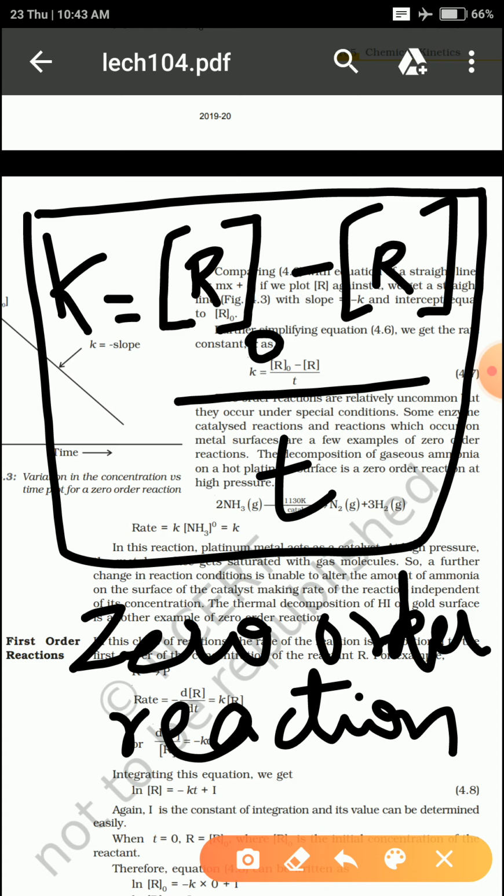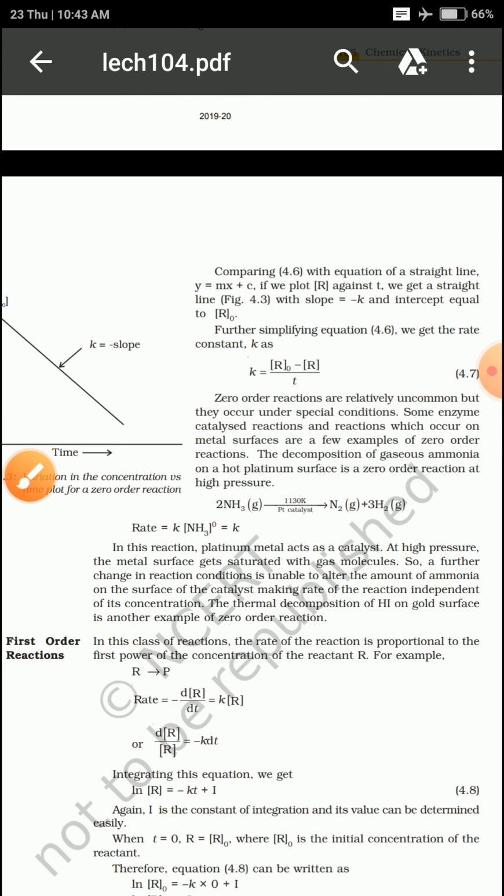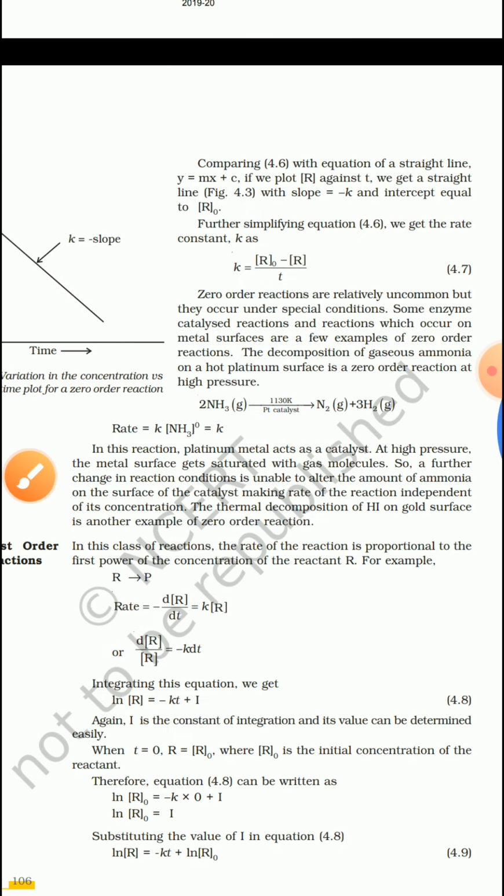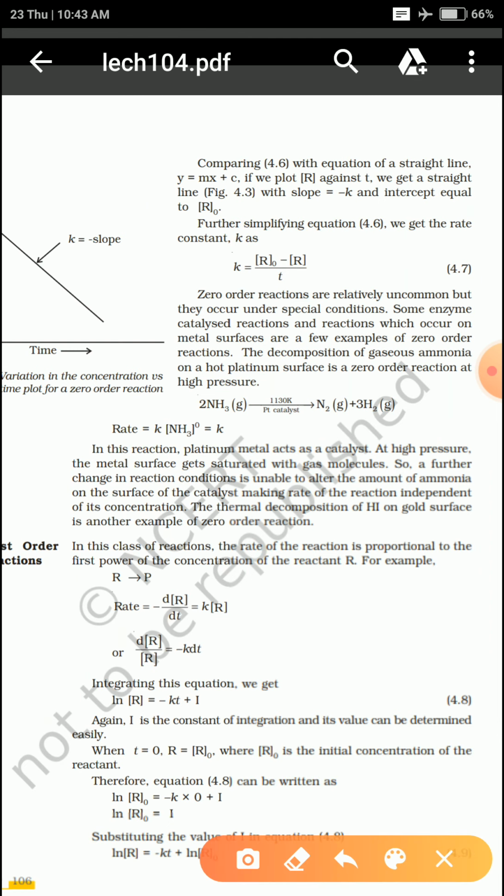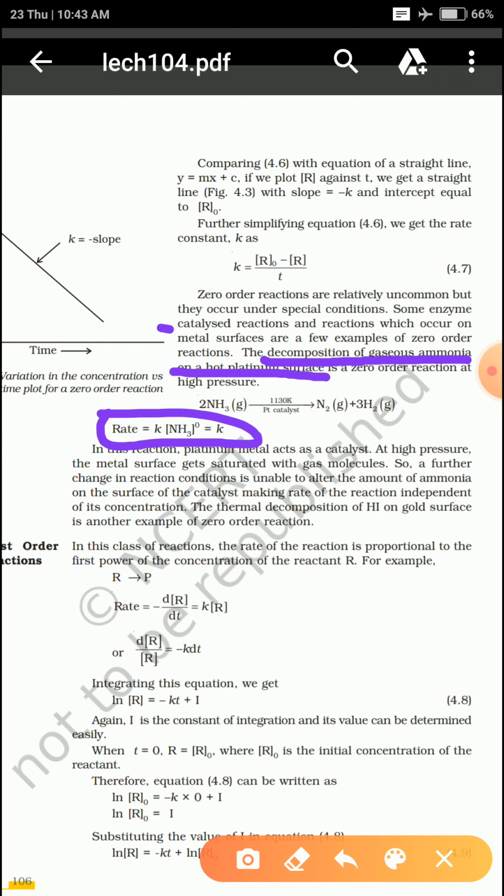Now we will discuss some examples which come under zero order reactions. The decomposition of gaseous ammonia on a hot platinum surface is the best example of a zero order reaction, because in that case the rate will actually be k. Most reactions which use a catalyst are zero order reactions.